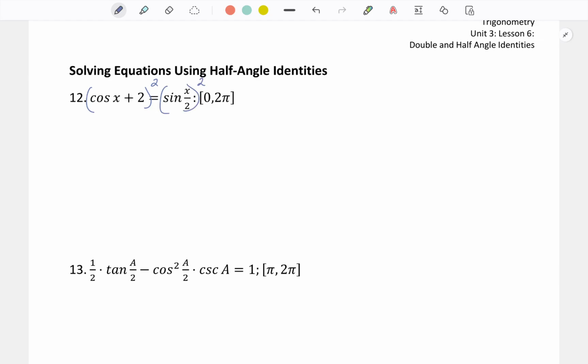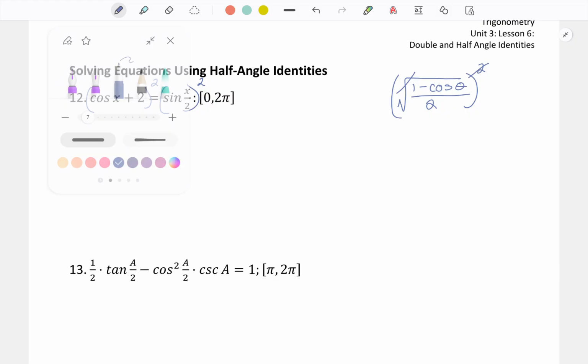So when we square that identity, we are using the sine of theta over 2, that square root of 1 minus cosine theta over 2 is getting squared, and so the square undoes the radical.